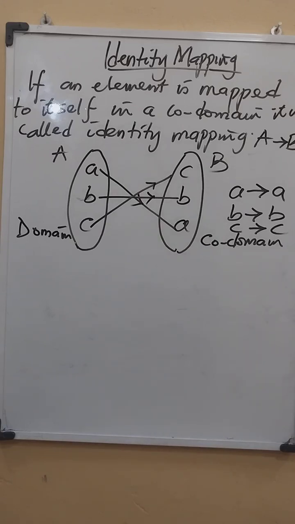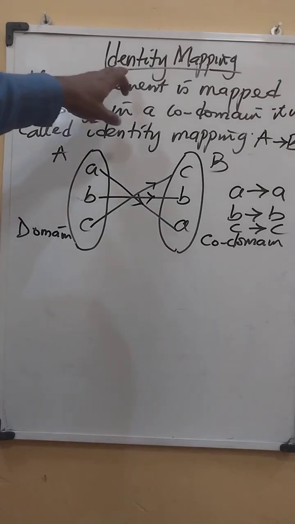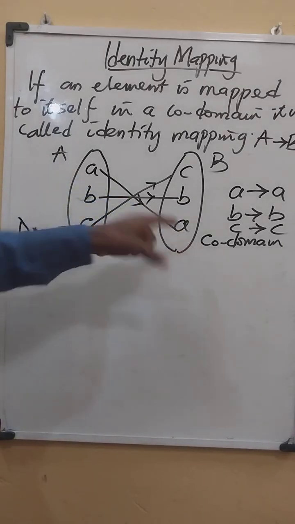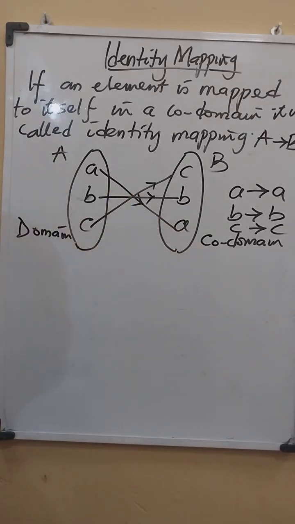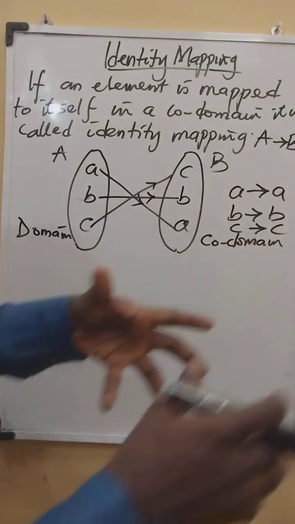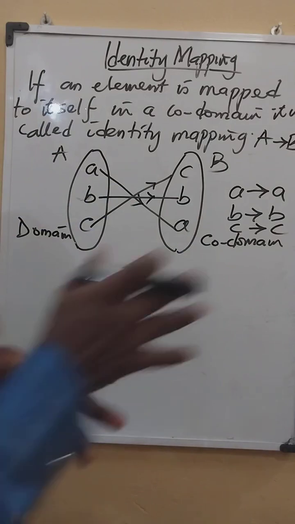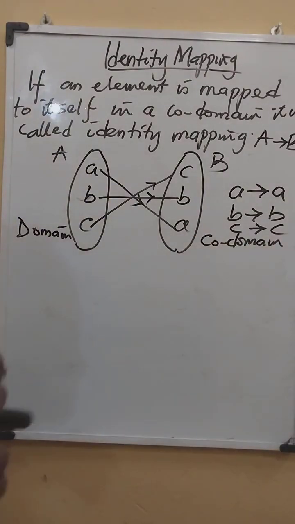That's for the other one-to-one mapping. But for identity, like the name implies, it identifies its codomain. The element from the domain is a mirror. It will identify the element in the codomain. It says, this is my brother, then it takes it and maps with it. That is that about identity mapping.